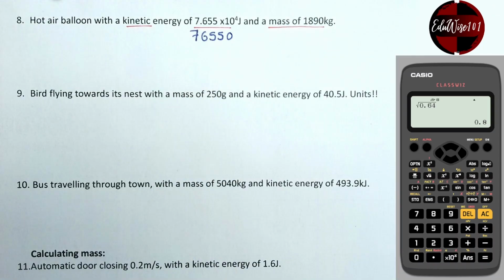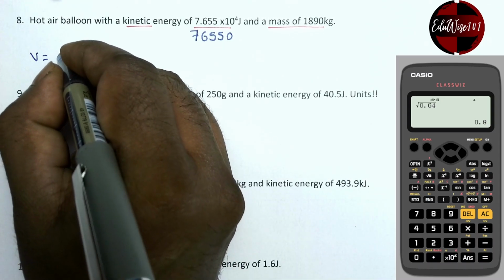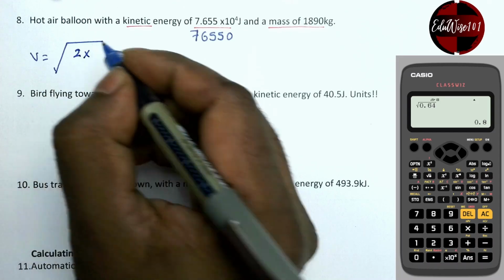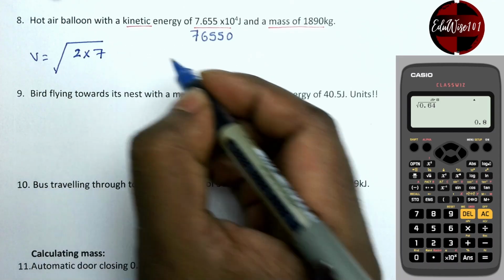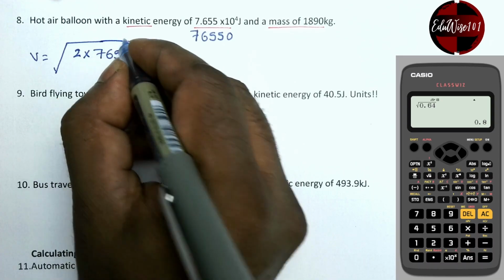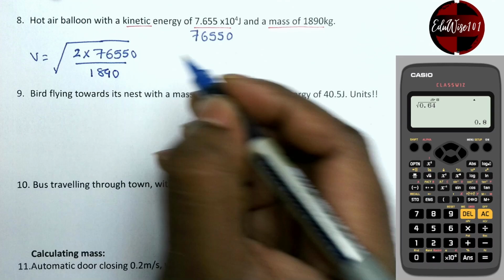It's easier to use it in the calculator then. So velocity equals the square root of 2 times 76,550, divide that by 1890.